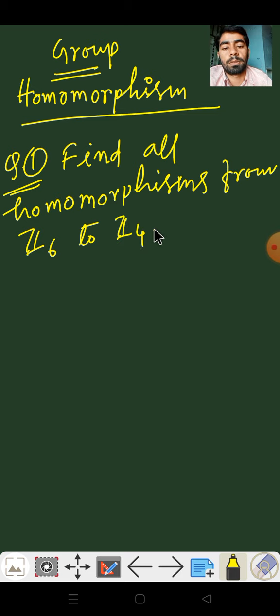So we have to find all the functions that can be defined from Z6 to Z4, the number of such homomorphisms.